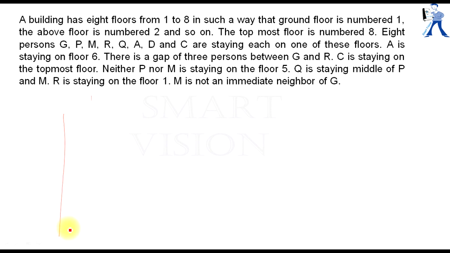Just draw one floor table. In the question they have given the ground floor is called 1, then 2, and it goes on till 8: 3, 4, 5, 6, 7, 8. So these are the 8 floors. Go with two possibilities.